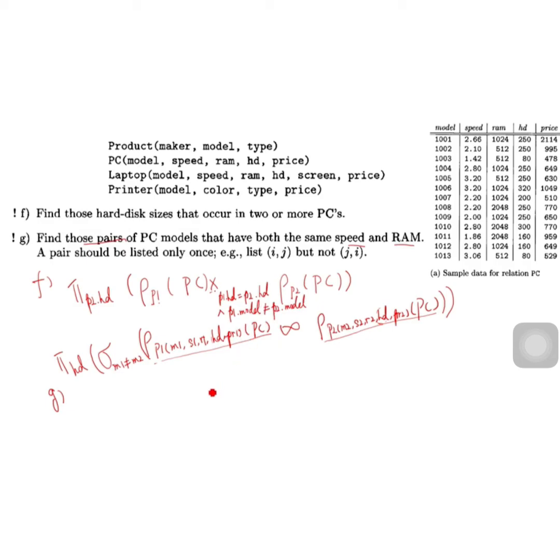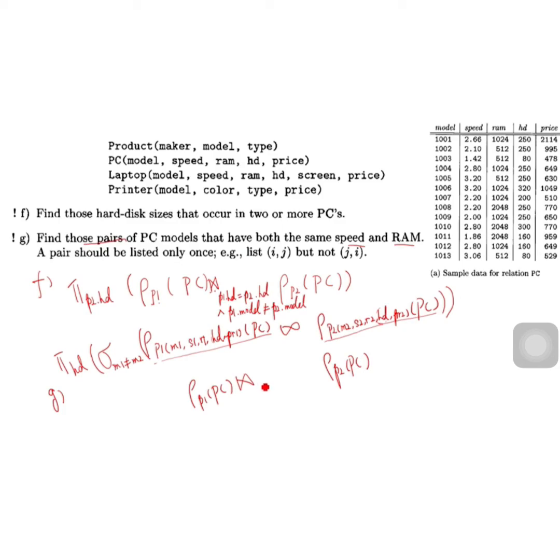So this is not cross join, it's theta join. Theta join P2. P2 is also renamed, PC to P2. And the condition is pairs of models.